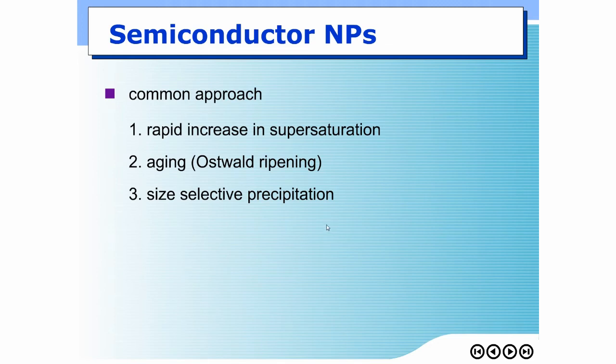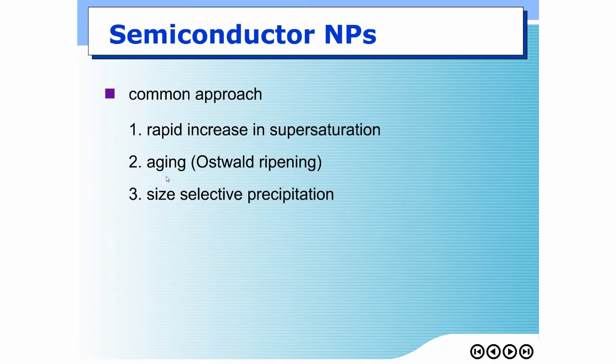The common approach for semiconductor nanoparticle synthesis is basically a rapid increase in supersaturation, in the same manner as what we discussed for gold nanoparticle synthesis. But then we need 2 extra steps. Okay, the second step and the third step are not required in metal nanoparticle synthesis.